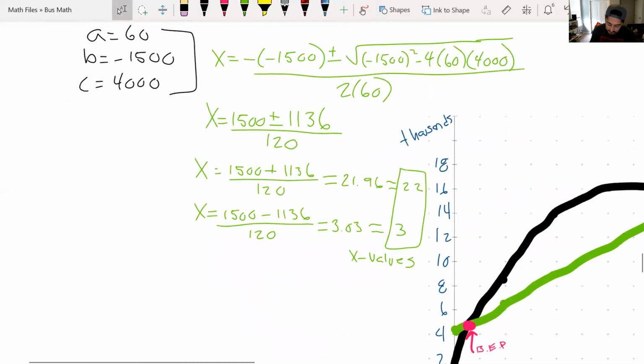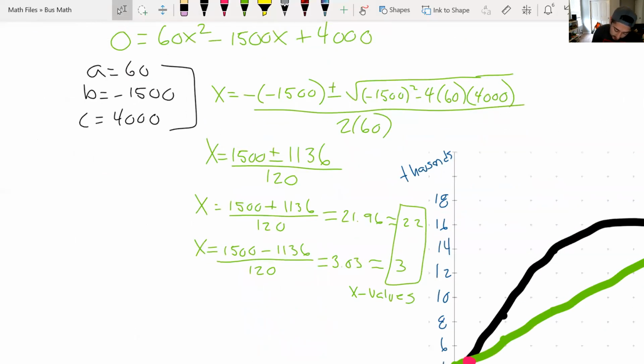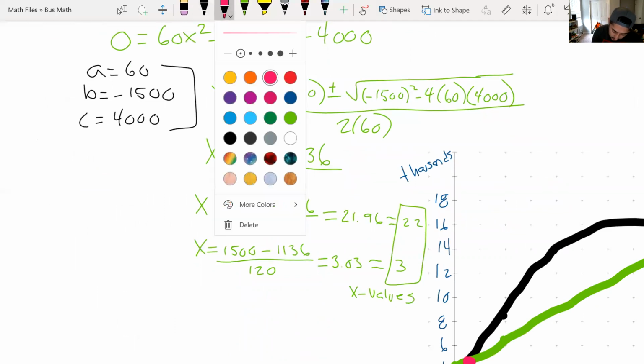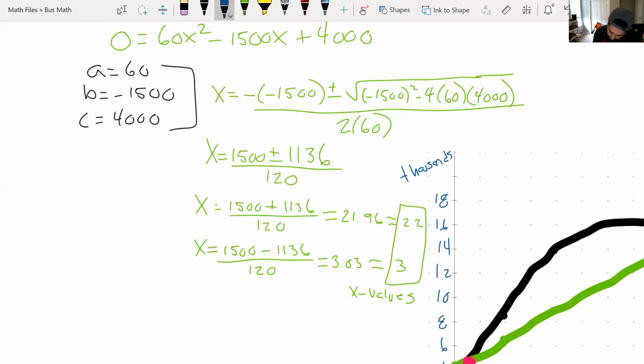All right, so still on this step, I'm gonna say, since we have the x values, let's go ahead and find the y values. Change color, there we go. At x equals 22, c of 22 equals 4,000 plus 500 times 22.